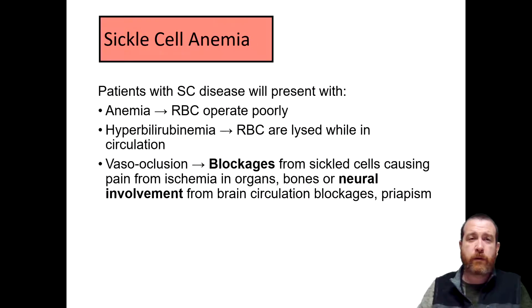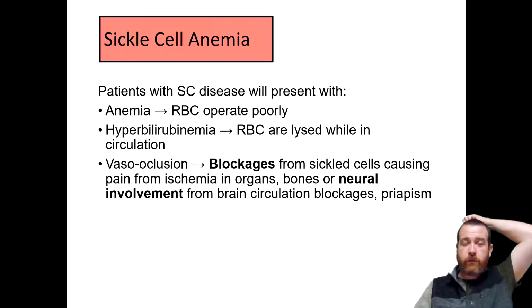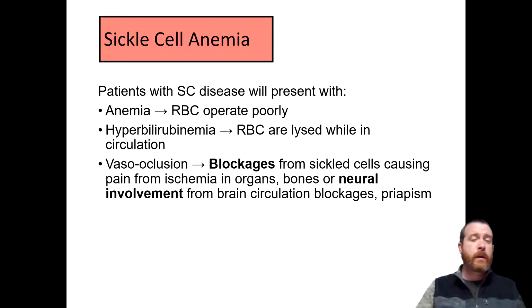What are you going to present when you have sickle cell anemia? Well, you're going to have anemia because those red blood cells are going to be bursting too fast. They're going to be exploding out in circulation because their life cycle is too short. You're going to have hyperbilirubinemia.